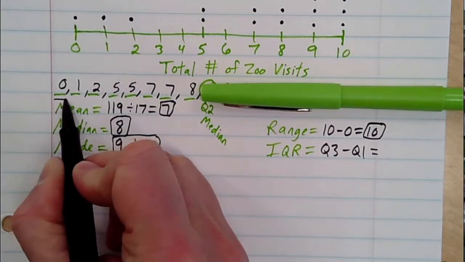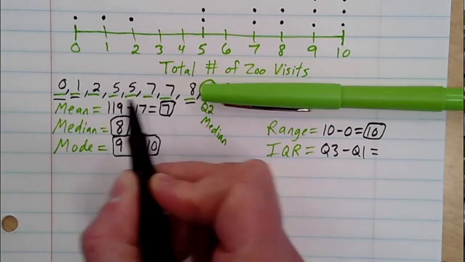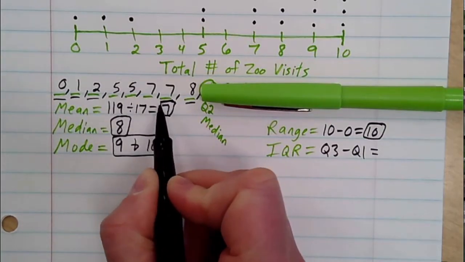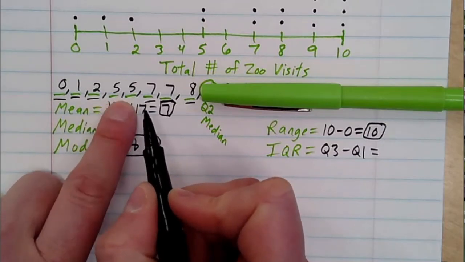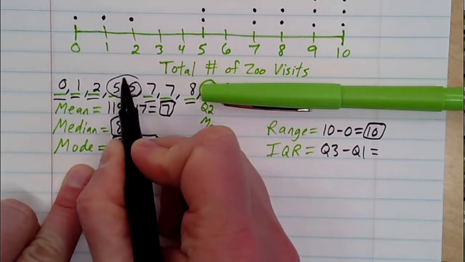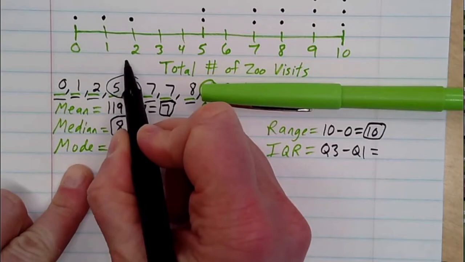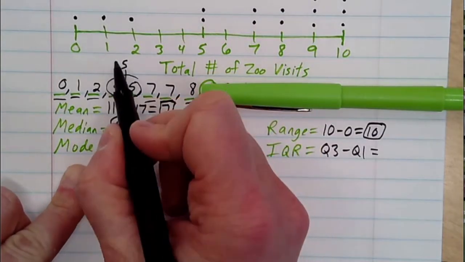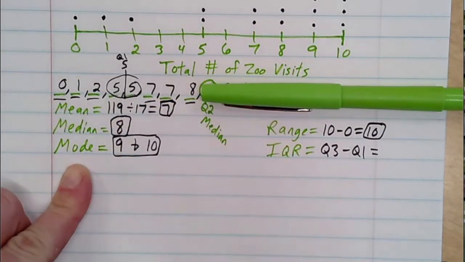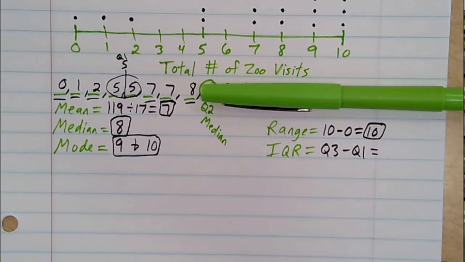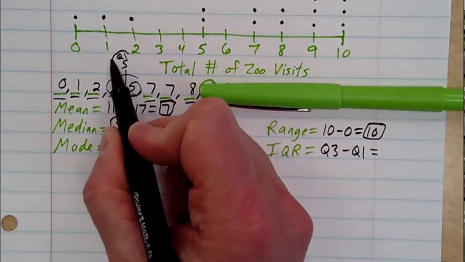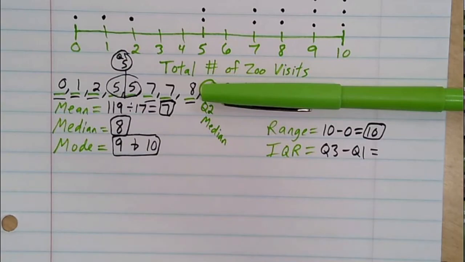And so I've got 2 there, 2 there, 1. I've already done that one. 1. Oh, so we're right between the 2 5s. What's in the middle of the 2 5s? And that would just be 5. And that would be our label for Q1. All right, so Q1 is 5, quartile 1, or we also call that the lower quartile.